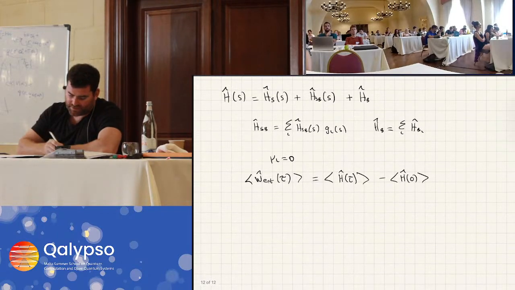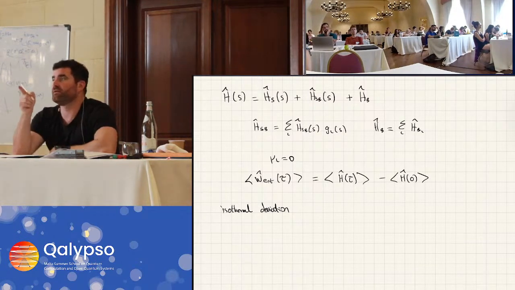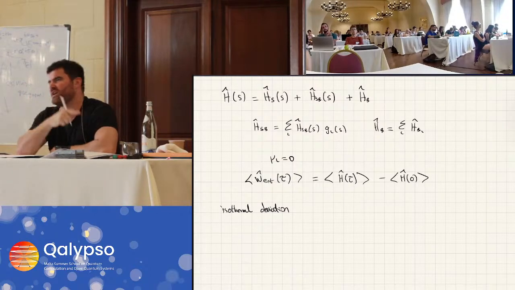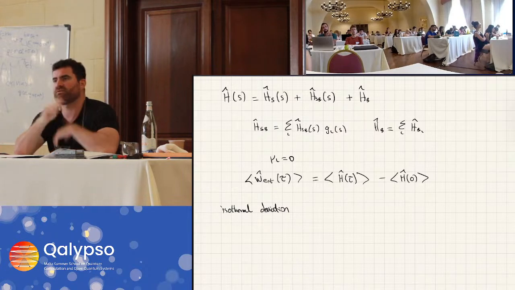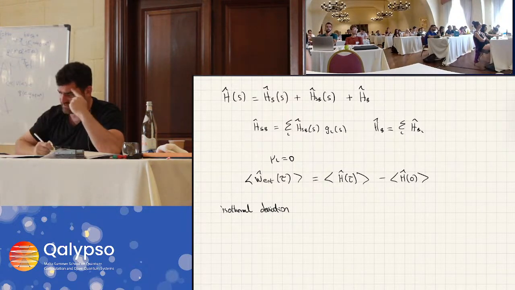And again, you can define an isothermal deviation. So I'm going to assume now that the system was also prepared in thermal equilibrium, which I didn't assume in the last example. So at time 0, the system is also going to be at some temperature beta_S, and all these temperatures can be different in general.